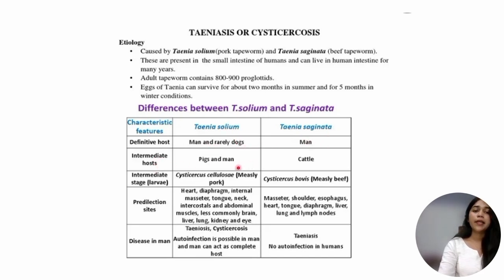The intermediate host is pig and man in Taenia solium and cattle in Taenia saginata. The intermediate stage in solium is Cysticercus cellulosae and in saginata is Cysticercus bovis. Sometimes Taenia solium causes auto-infection, but Taenia saginata will not.